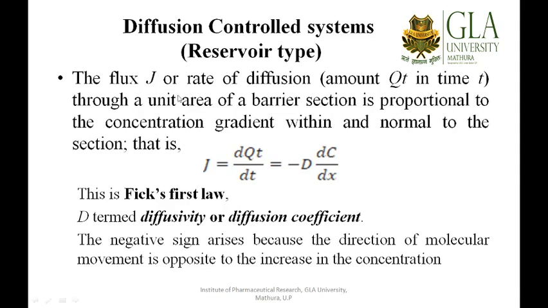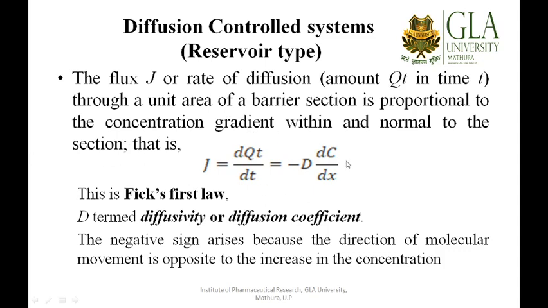Whenever we talk of the diffusion principle, we should know Fick's first law of diffusion. The flux J means the amount of drug which is releasing out, the rate of diffusion. We can simply write it as amount Qt in time, through a unit area of a barrier section, which is proportional to the concentration gradient within and normal to the section.